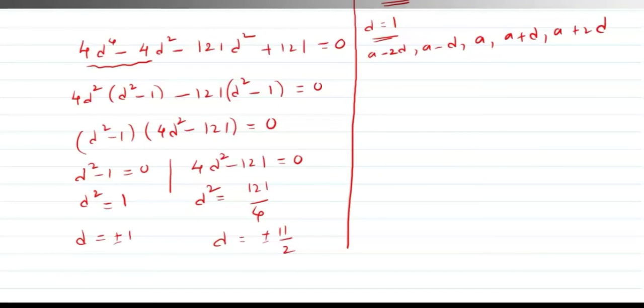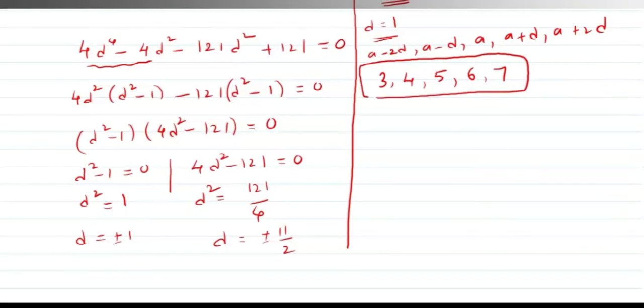Now substitute these values. 5 minus 2 is 3, 5 minus d is 4, a value is 5, next 5 plus d is 6, 5 plus 2d is 7. See, it is very clear here we don't have the number minus 1 by 2. So d is equal to 1 does not give our values. Similarly, d is equal to minus 1 also does not give the values.